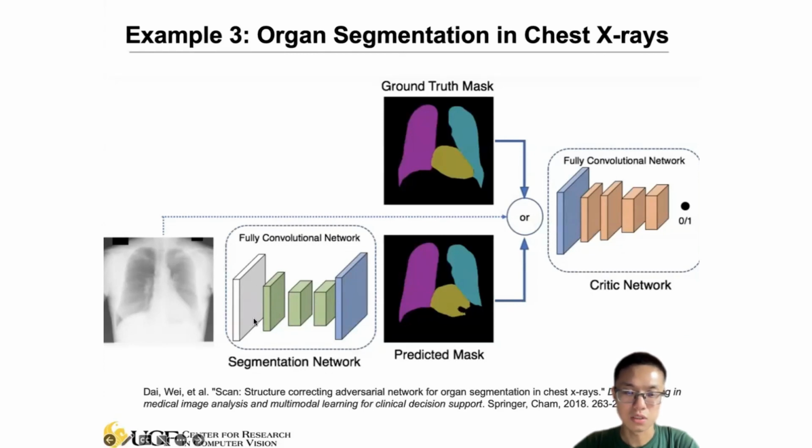You have this segmentation network as a generator, and you have an additional discriminator to distinguish this predicted map from the ground truth segmentation map. So if we do this GAN training, ultimately the critique network is not going to be able to tell if this is real or fake. That means the predicted mask is very close to the ground truth, and that means the segmentation network, or the generator, is able to do a very good job generating the segmentation. Okay, so that's their idea.